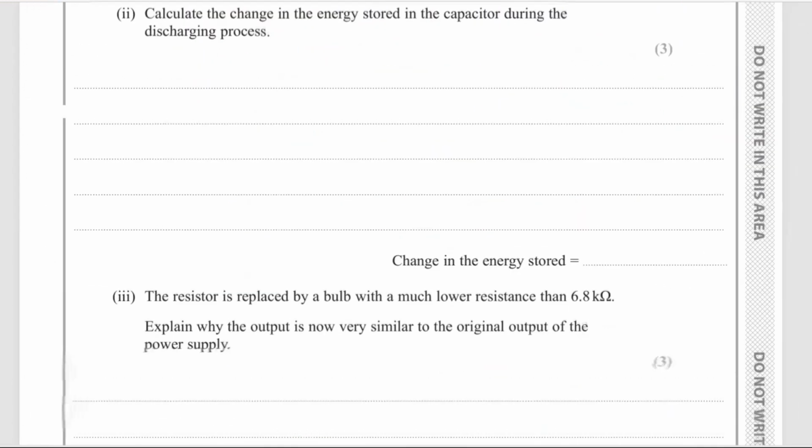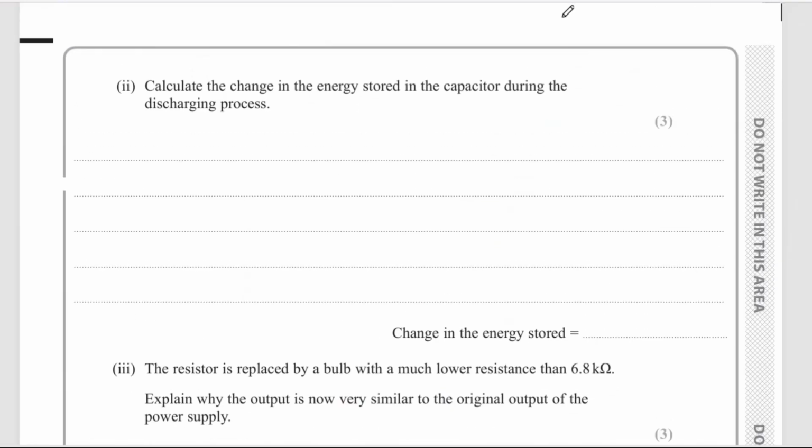Now, I've got this question number 3, and we need to calculate the change in the energy stored in the capacitor during the discharging time, right? We need to talk about during the discharging time. So that thing is simple. If you're going to calculate the work done, that has to be 1 by 2 C delta V square.